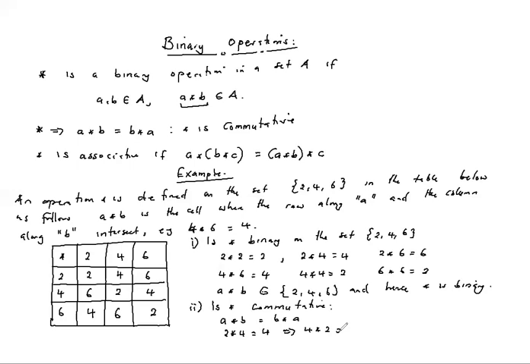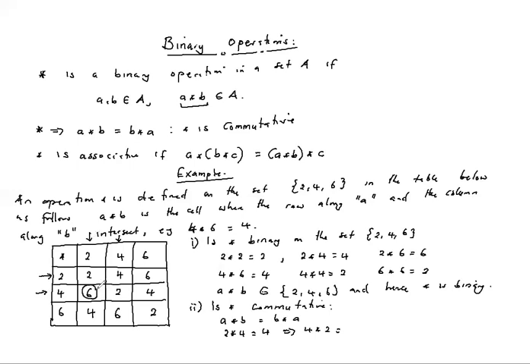The 2 star 4 starts from this 2, then to that 4. So the 4 star 2 will start from this 4, then to that 2. So what are we getting? What is 4 star 2? It's 4. The intersection? 6.